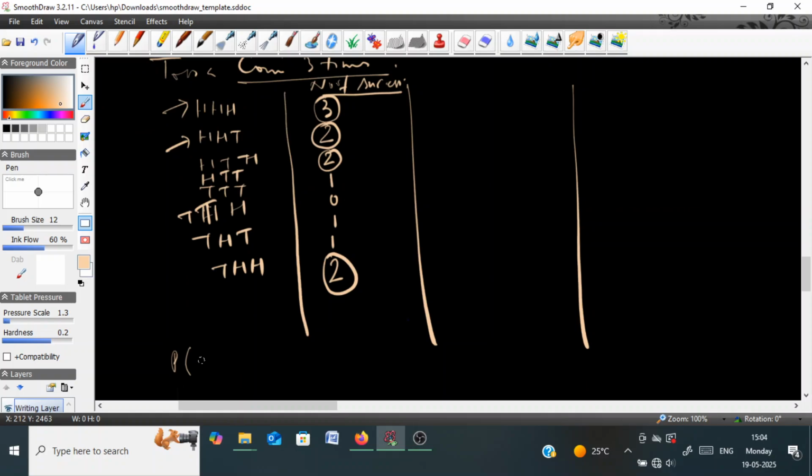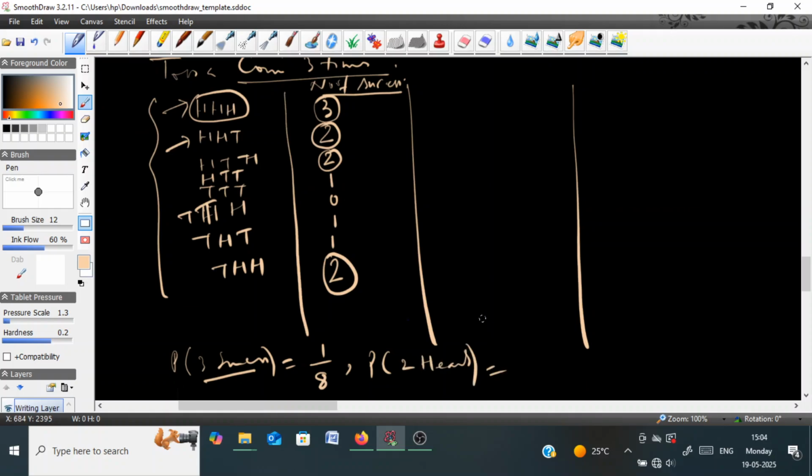So if you just see the probability of getting 3 successes, that will be 1 by 8, because we have 8 possible outcomes, and out of the 8 outcomes you have only one combination in which you have 3 heads. So probability of getting 2 heads is 3 by 8, because you have 3 such combinations which can generate 2 heads.